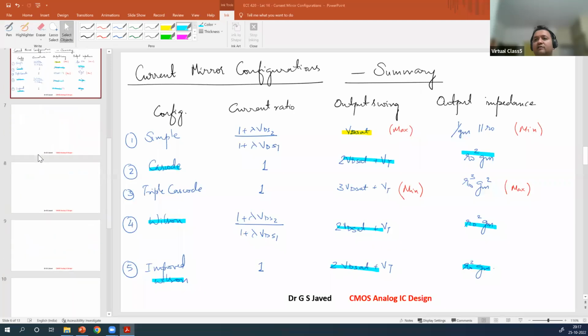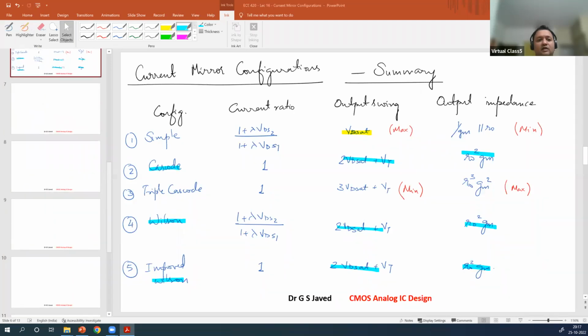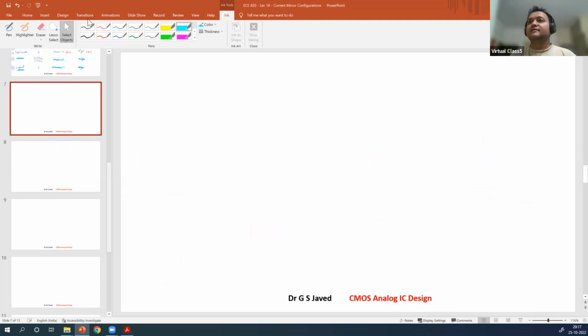Now we will understand with a few examples how we can design, and these are going to be crucial for your projects. So please pay good attention. First thing is, let us do an example.